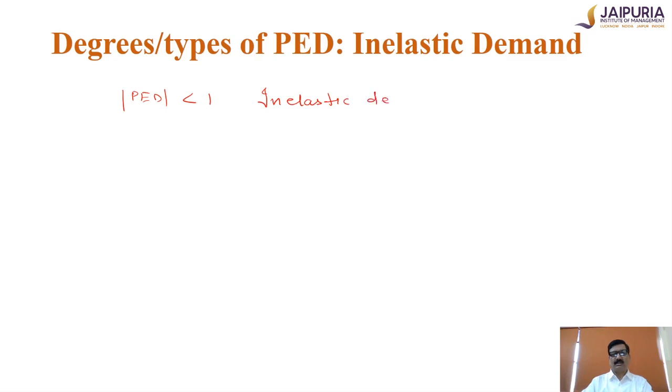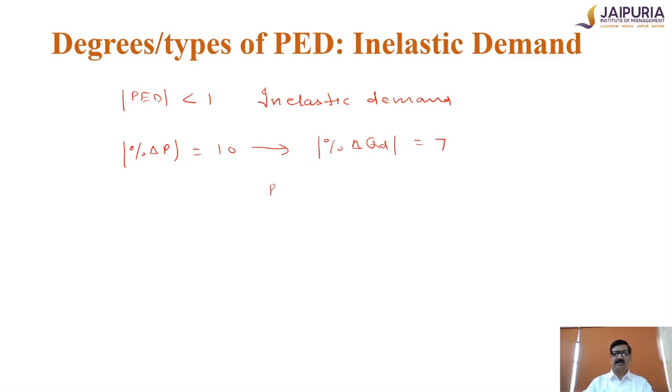It is known as inelastic demand. What does it mean? Again, take a numerical example. Suppose the percentage change in price is equal to 10, and it leads to a percentage change in quantity demanded, which is equal to 7.